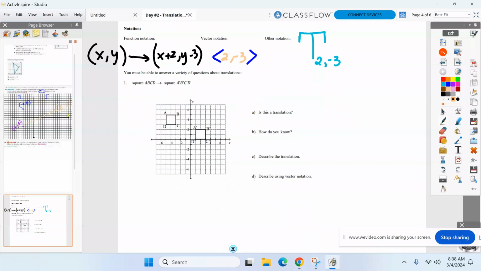Am I moving the same distance and direction for all points A, B, C, D to get to the prime points? All right, I move point A over 2, down 2. Everything else better be over 2, down 2 as well. So see if this is an actual translation right now. Check each of your points here.